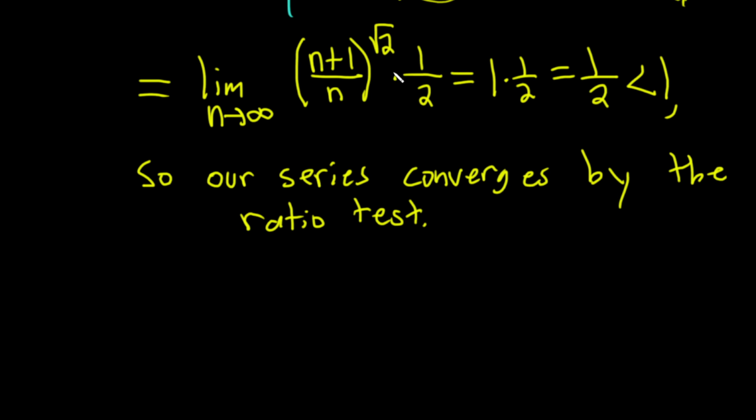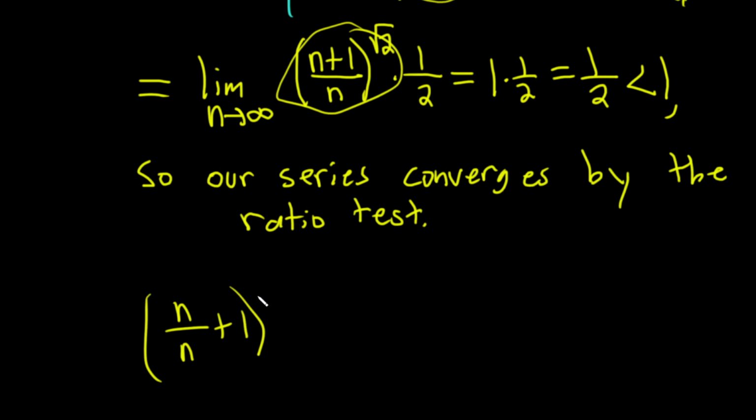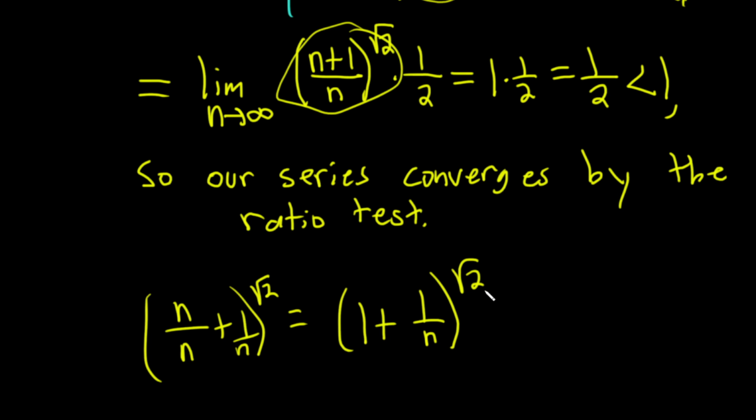If it is not convincing that this is 1, you could maybe write it like this. Maybe this will help you see it better. This is 1 plus 1 over n, all to the square root of 2, right? So you could just break it up: n plus 1 over n is n over n plus 1 over n, which is 1 plus 1 over n.